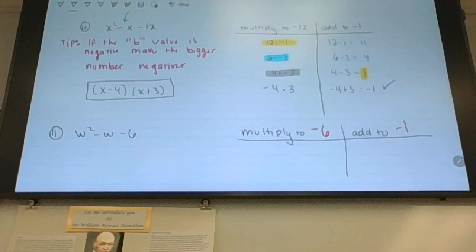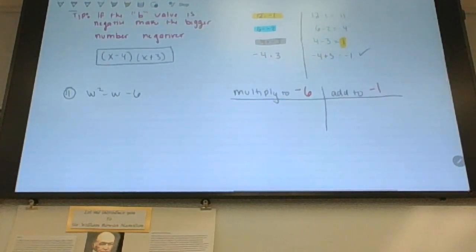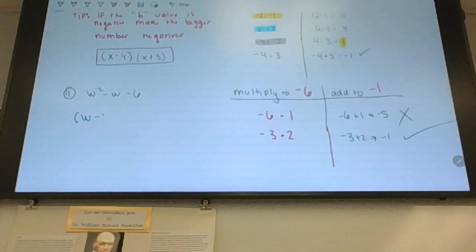We need to add to negative 1. So since it's a negative, I pick one number to be negative. Negative 6 plus 1 is negative 5, so it does not work. Negative 3 plus 2 is negative 1, so it does work. So we just put those numbers right in parentheses with the letter. The ones with the negative signs are the most difficult.